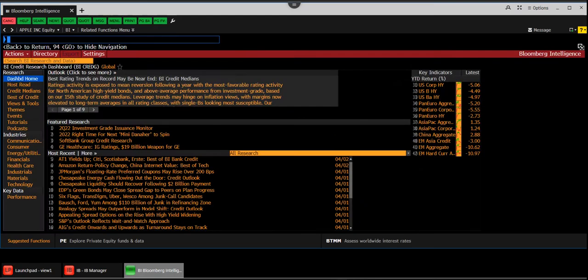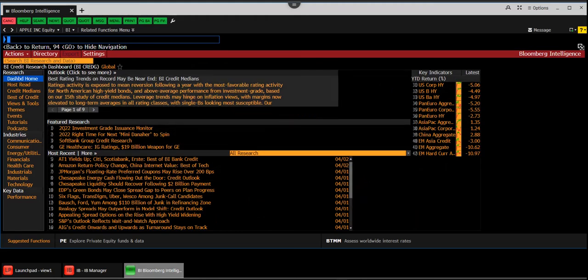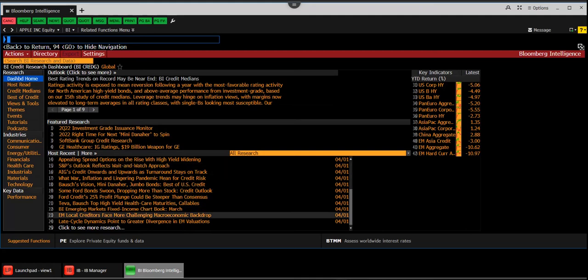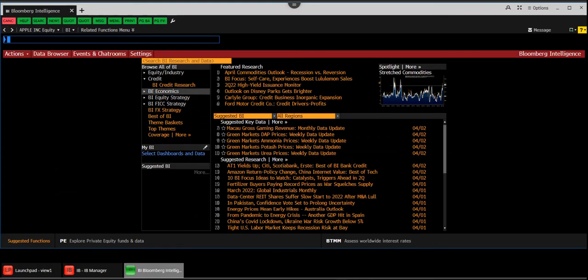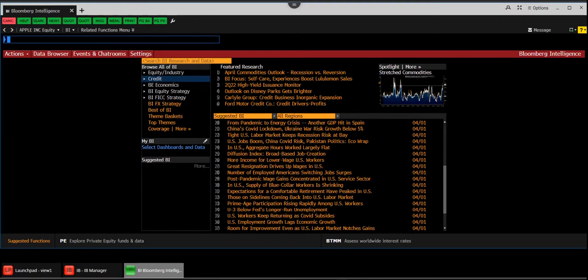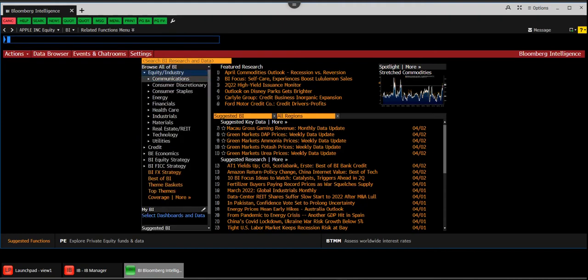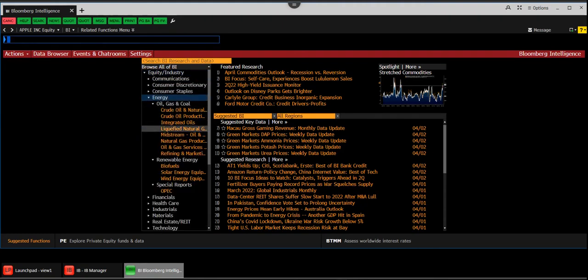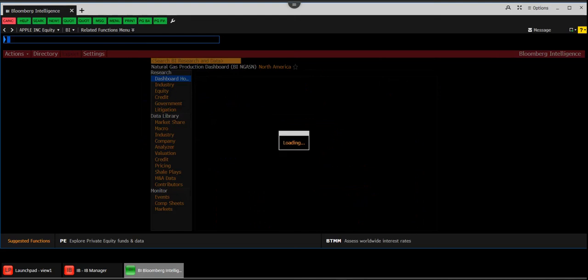If someone is a credit analyst or something like that, they could go in here and get a plethora of information dealing with credit. And it is, in my opinion, a one-stop shop. Instead of doing 10 different things at once, you could just go here, go to energy, and be like, okay, why is natural gas shooting up today?